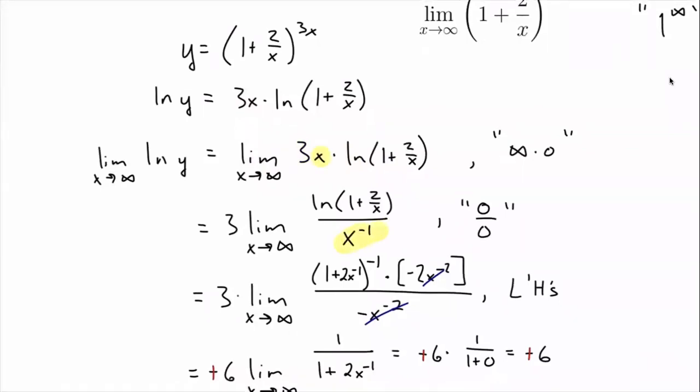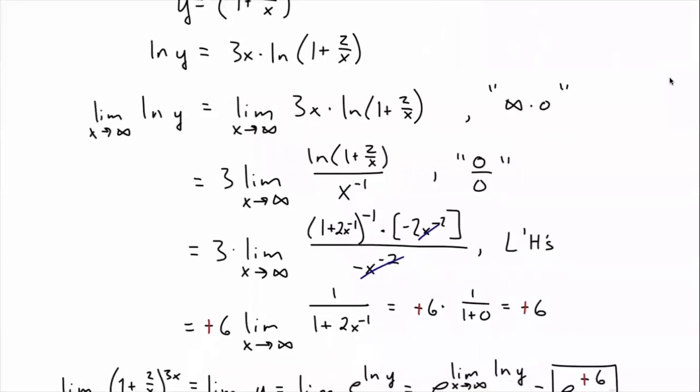It appears underneath there as x to the negative 1, or 1 over x. Remember, that's its reciprocal. And now we check, as x goes to infinity, we have natural log of 1 in here, which is going to 0. We have x to the negative 1, which goes to 0 as x goes to infinity. So we have an indeterminate quotient, 0 over 0.